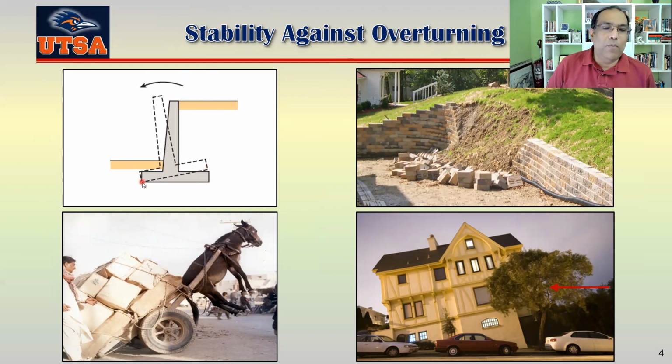So if you take a moment here, the driving moment, if it is bigger than the moment that's created by the weight of this wall and the vertical force here from the active force, we have to compare that one and see whether this structure is stable or not against overturning, okay?